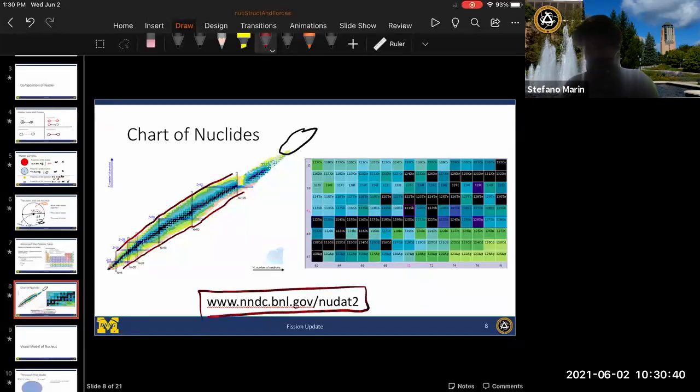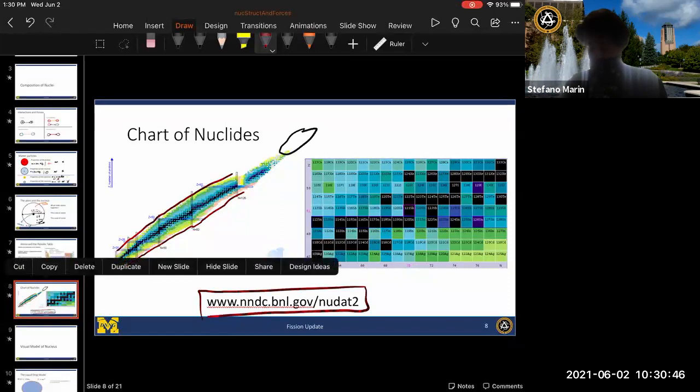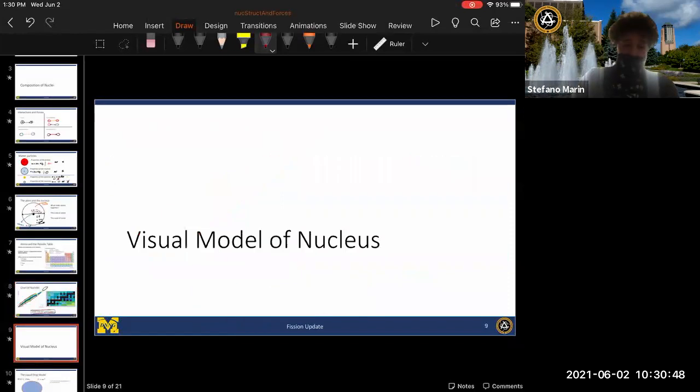Please, it's a great reference. And this concludes the first section of the presentation, which was about the composition of the nuclei, which is maybe a bit more general than just the nuclei. And so, as I said at the beginning of the presentation, I will now start looking at the chat just to see if there are any questions.